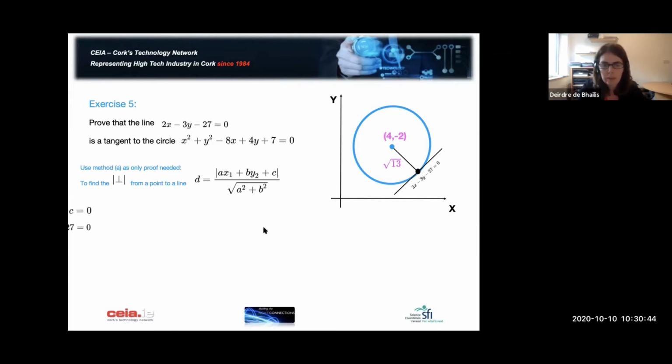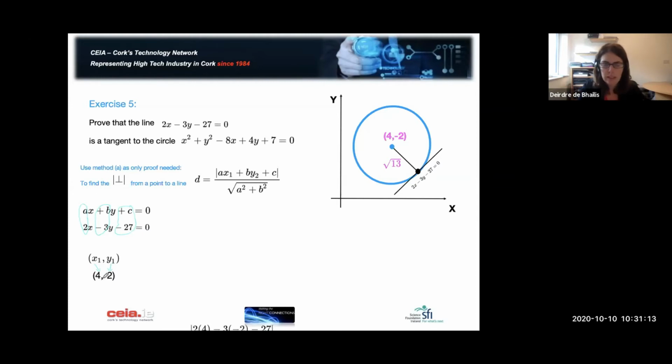So the line that we're interested in is the tangent, and the point that we're interested in is the center point. So in this case, A is going to be 2, B is going to be minus 3, and C is going to be minus 27. X1 is 4 and Y1 is minus 2.